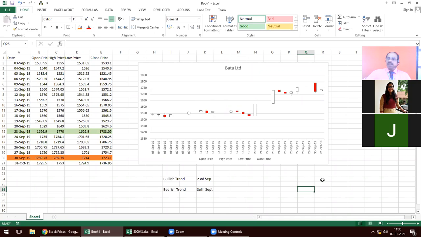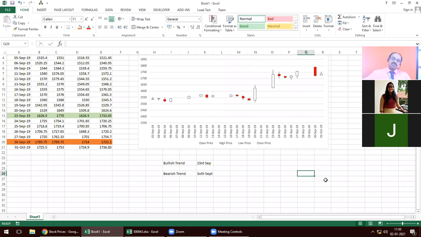Have you prepared, Renita, for your company? When is bullish, when is bearish trend? Bullish is on 20th and bearish is on 30th September. Yes. Oh, nice. Good. Then Jacob, when you are having bullish?